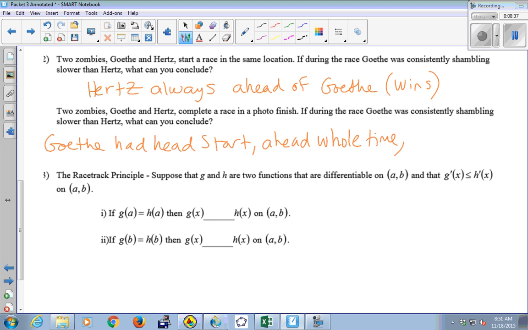And at the very last moment, Hertz caught up. It could only have been at the very last moment that he caught up, because if he caught up before the finish line, he would have won, because he's always running faster.